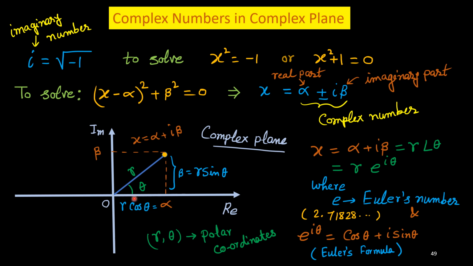Now, you can notice that if this is r, this is theta, this is your r cos theta, and this height is r sin theta. So actually alpha is r cos theta, and that you can easily understand here. So if I replace e to the power I theta by cos theta plus I sin theta, the real part becomes r cos theta, and the imaginary part becomes r sin theta, right?